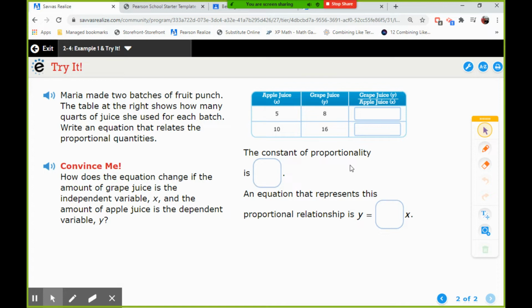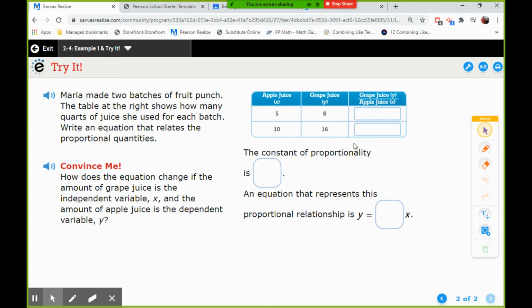They want to know what the constant of proportionality is. So this is interesting, they don't really tell you. They give you what the y is and what the x is, but they don't necessarily say what the ratio of grapes to apples is, which would tell you which direction it would go.